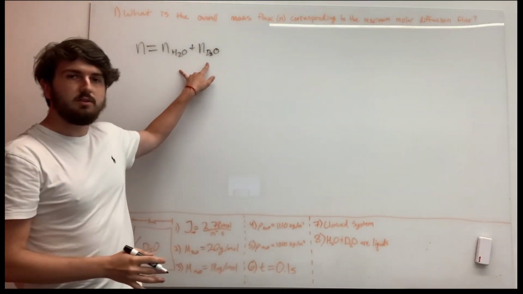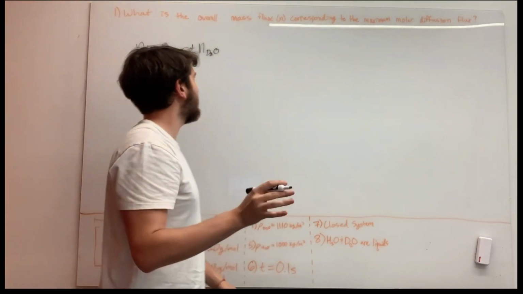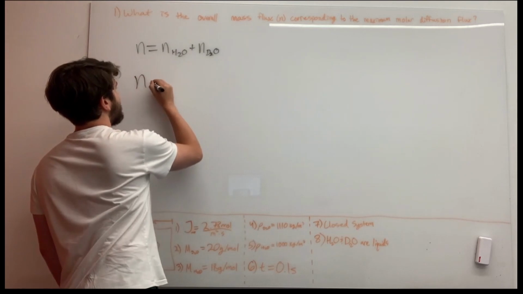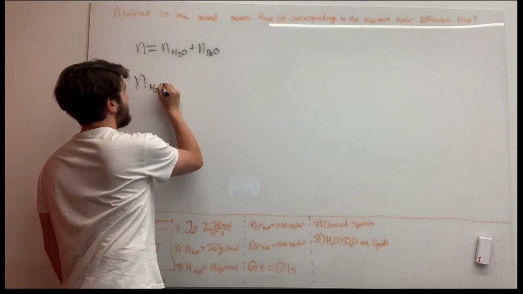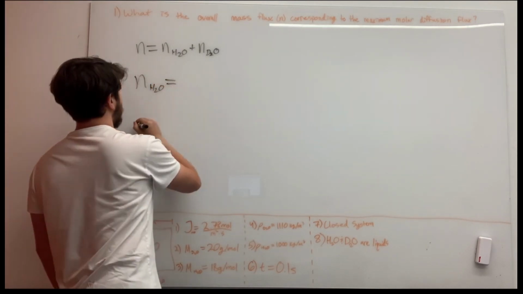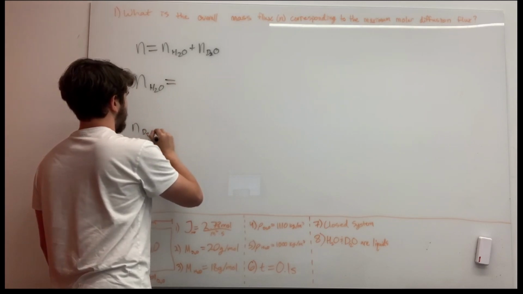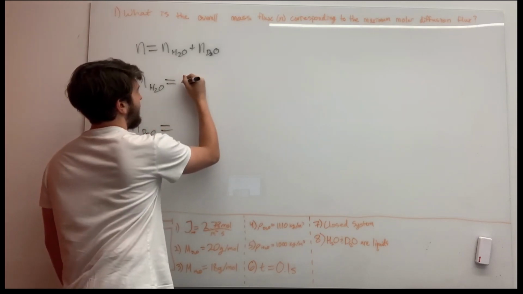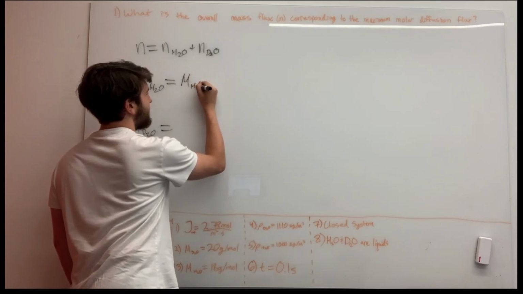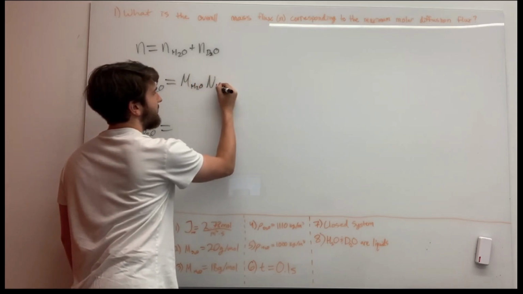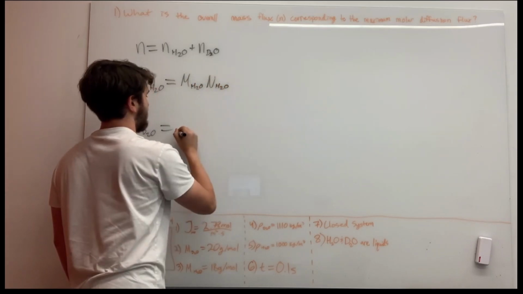We still don't have these two values, yet we can solve for them. We're going to write those out with these equations that the mass flux of H2O and D2O are equal to their molecular weights times their molar fluxes.